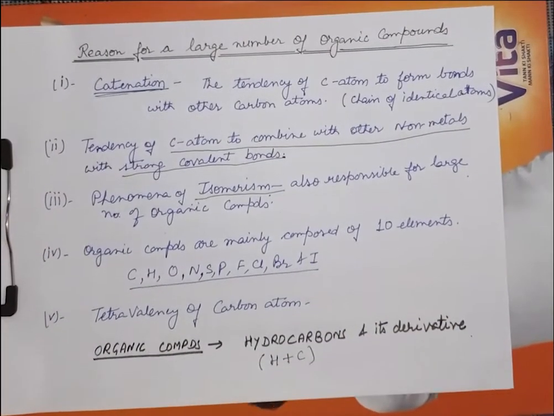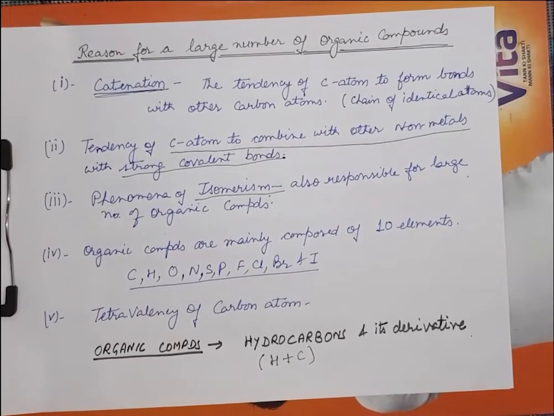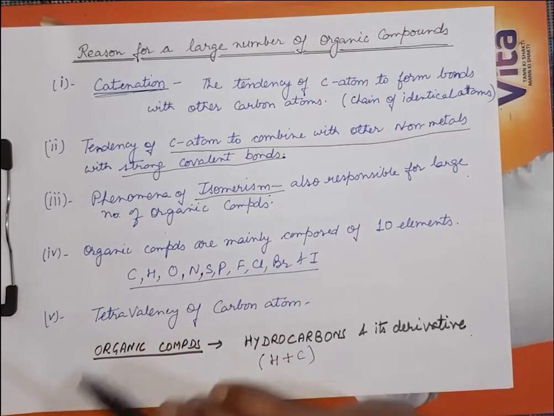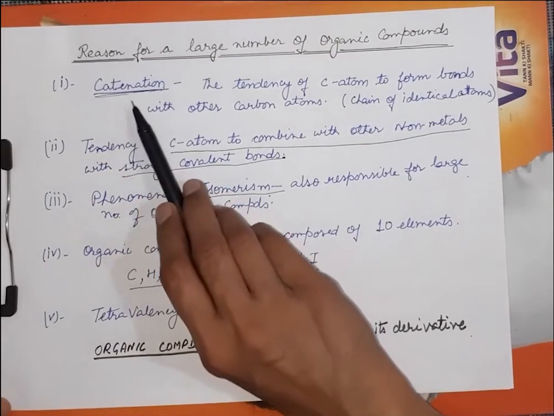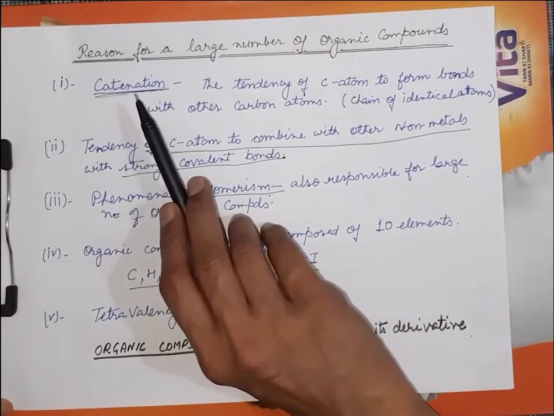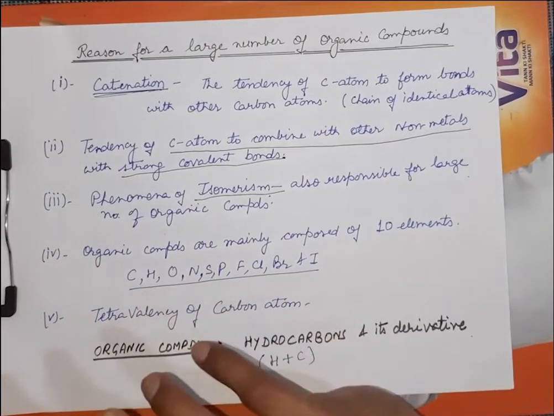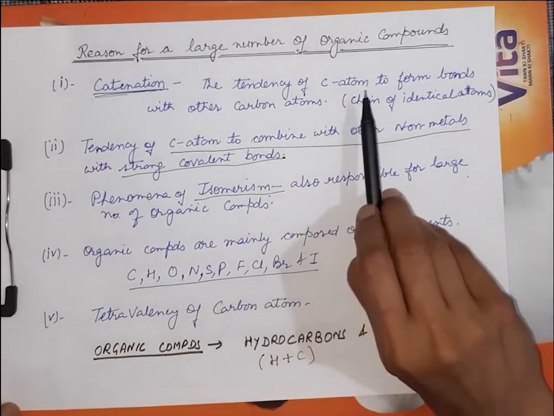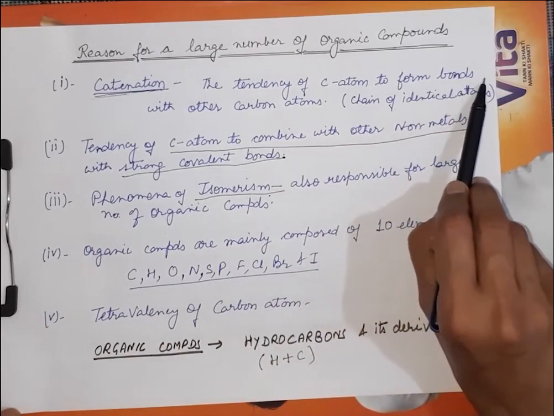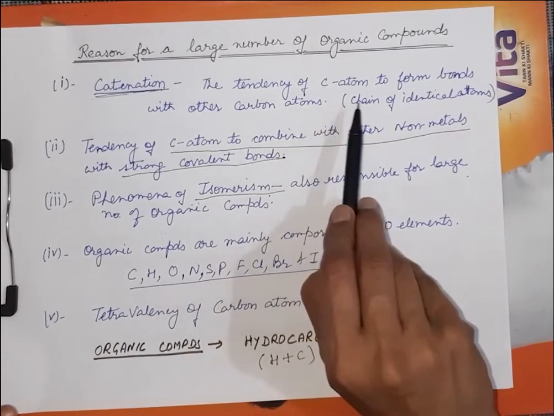We know that in the present time there are a large number of organic compounds. What is the reason behind this large number? A few reasons are there, which I will discuss now. The first, very important reason is catenation. What is catenation? It is the unique tendency of the carbon atom to form bonds with other carbon atoms.